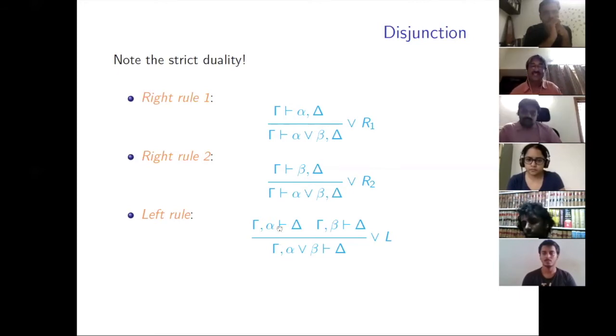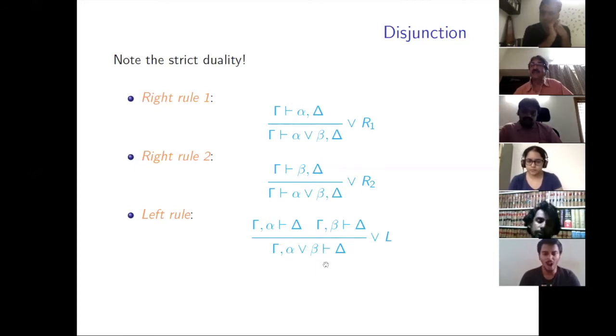So here, for instance, if you have assumed alpha and got something, and if you have assumed beta and got something, it doesn't matter, throw in alpha or beta as the assumption. In particular, consider the case where beta is not alpha. This is the case analysis that we were talking about in natural deduction. Assuming alpha, you get something.